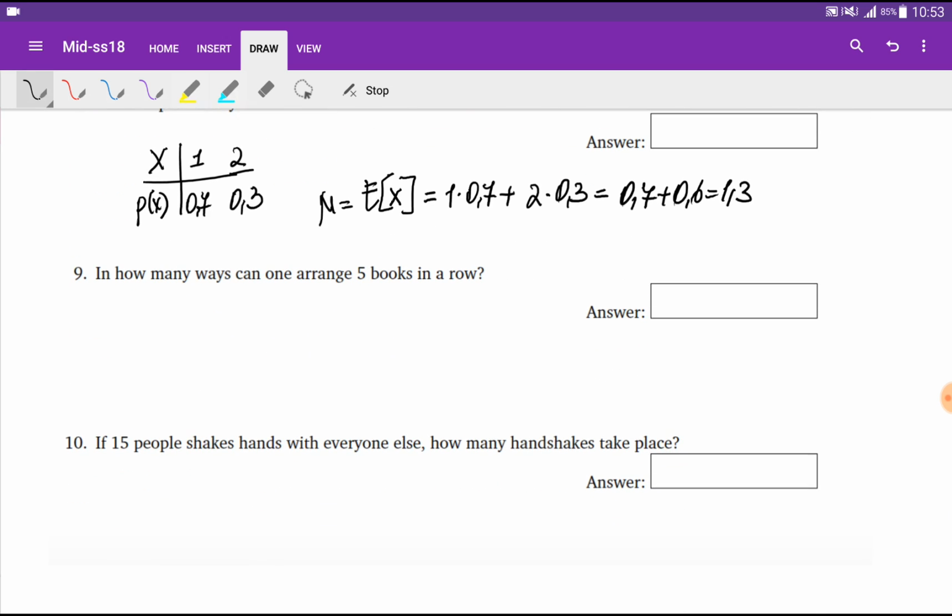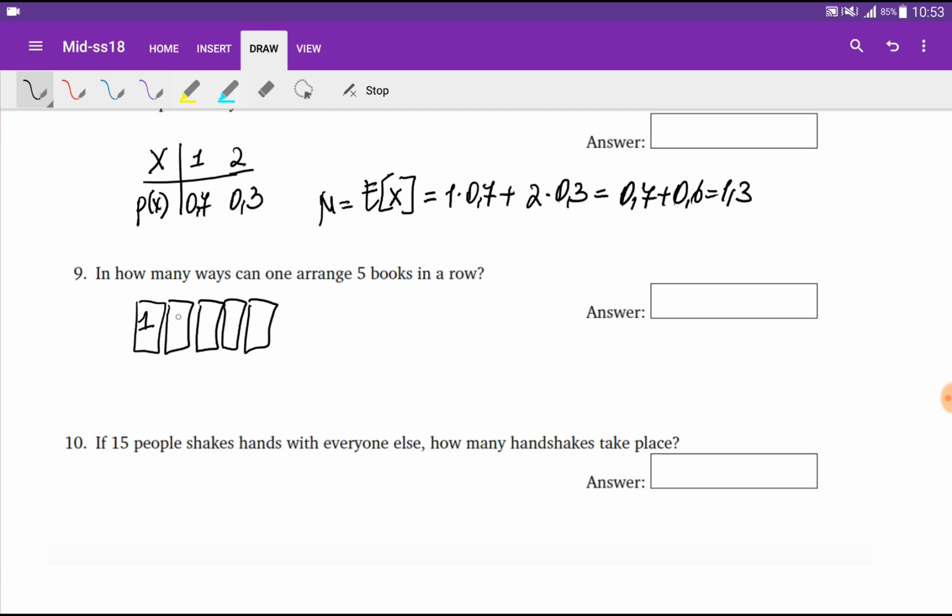And question number 9, we've got 5 books, right? So let's number them 1, 2, 3, 4, 5, and we can put them on the shelf in different orders, right? So we need to figure out the number of permutations of the 5 different items, basically. In the first place, you can put the first book, or the second book, or the third, or the fourth, or the fifth book, 5 different books. But once you choose one of the books for the first place, you cannot choose the same book again for the second, right?